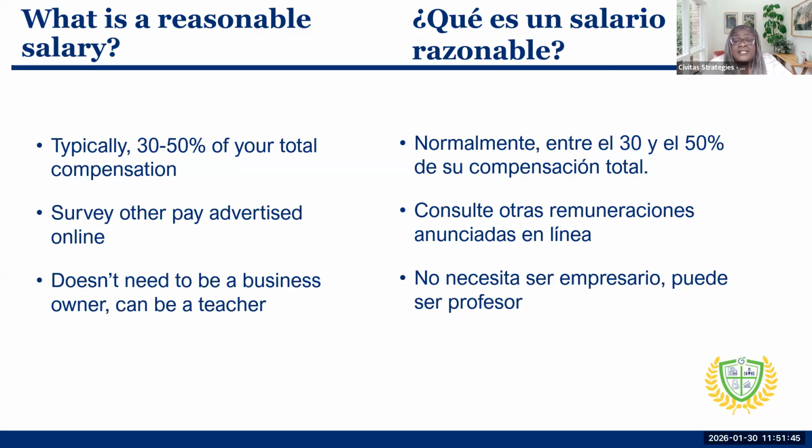So just because someone has the same title as you does not mean that that is what you're going to go with. You're going to look for those who are doing similar responsibilities and have a similar line of work to what you are doing. So it may not be a director somewhere else. It might be a Head Start teacher. It might be a Head Start director. It just depends, right? But make sure that you are looking for similar work and responsibilities when you're doing your comparison to figure out what your reasonable compensation should be.